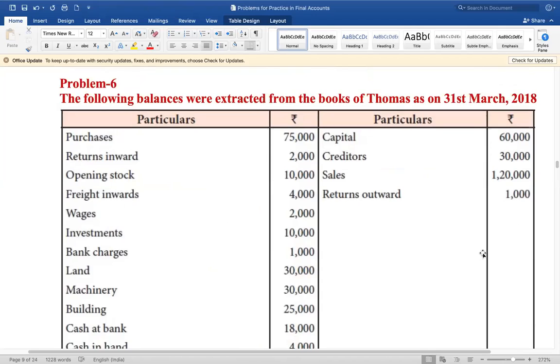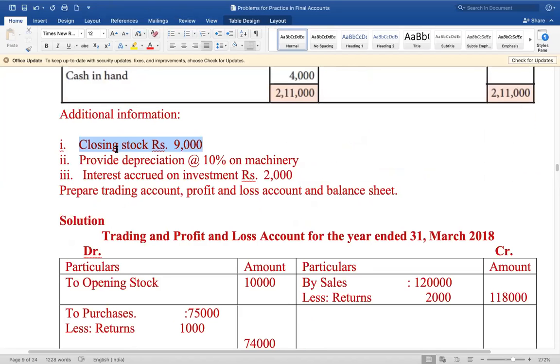Anything else? No, sir. There is one more item to be taken, that is closing stock. By closing stock. How much is the closing stock value? 9,000.